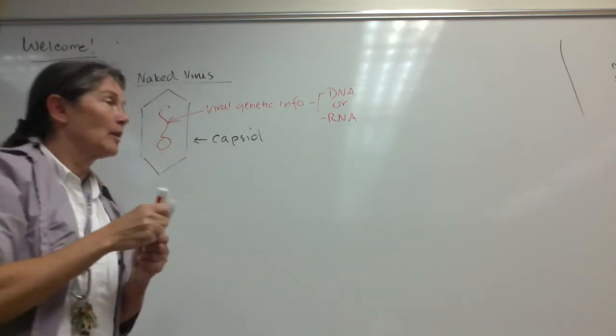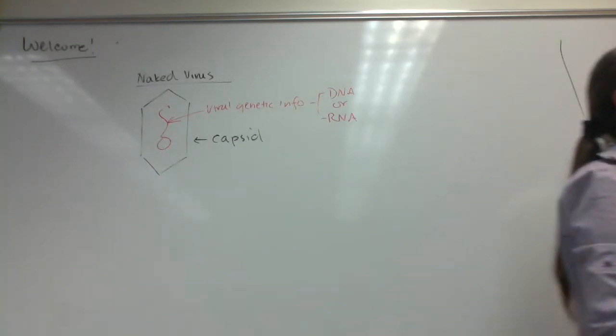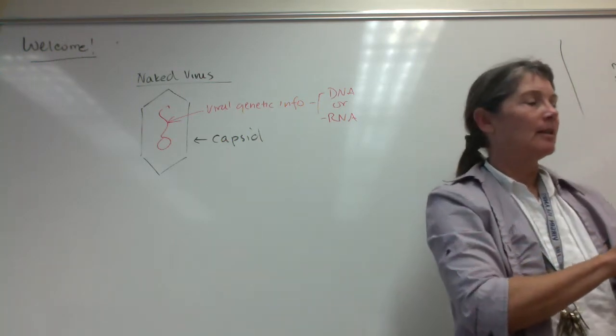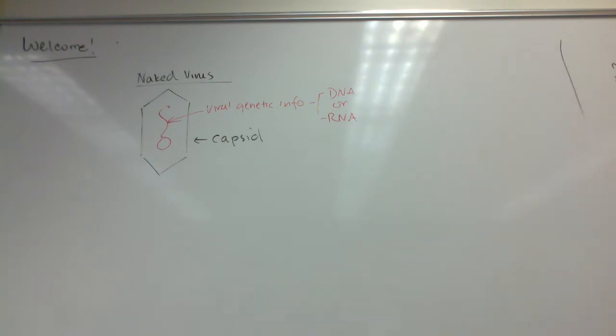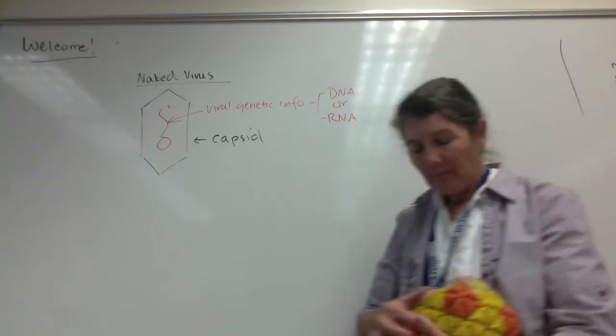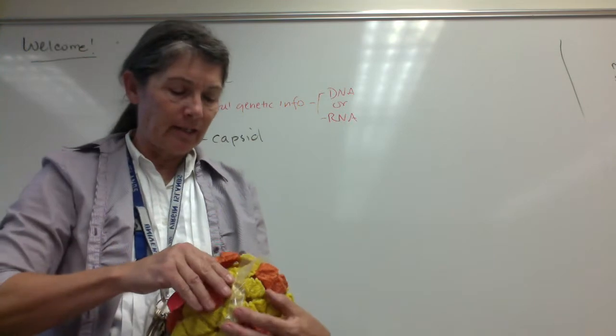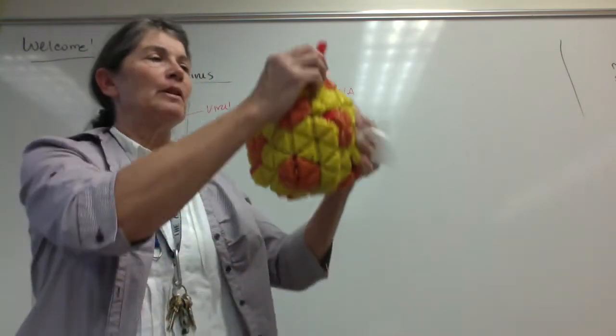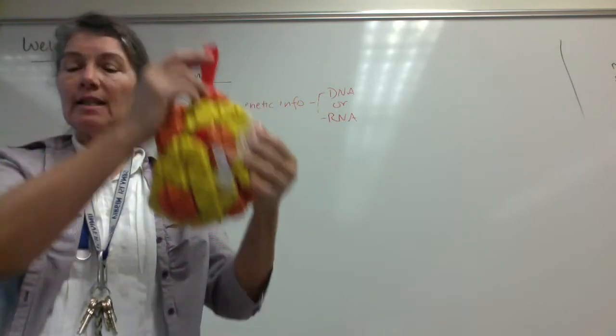And one more thing, you guys, about the capsid that we'll see. If I use this poor little virus that is literally falling apart here. Okay, so if we pretended that this was the protein coat right here, the capsid, what will be really important is for the virus to be able to invade a host cell, it has to have special proteins on its outermost surface, and these are falling apart, but these are adhesins, protein adhesins, okay?